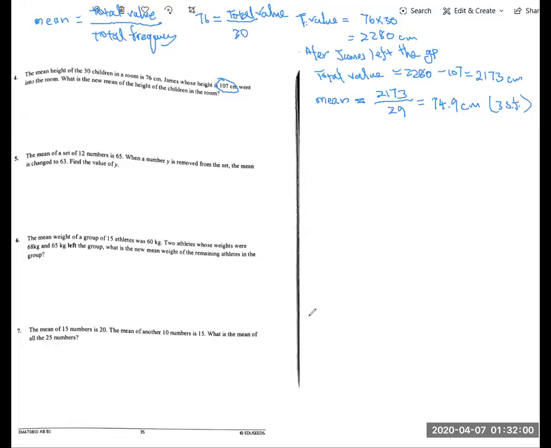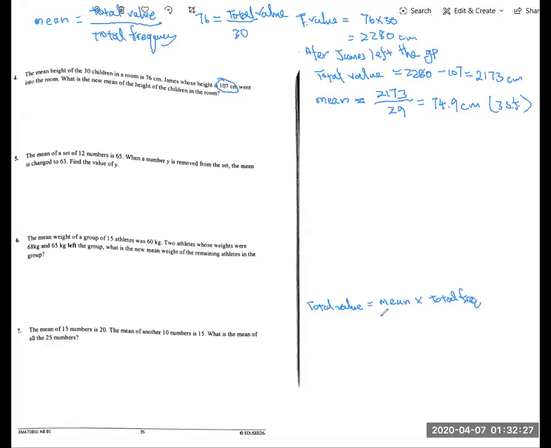So for question number 7, the total value is equal to the mean, which is 20, times the total frequency.